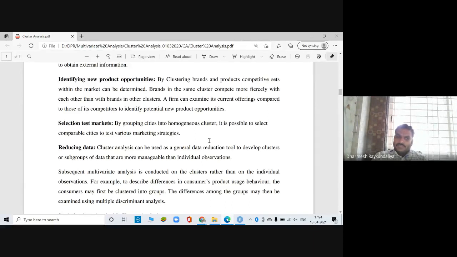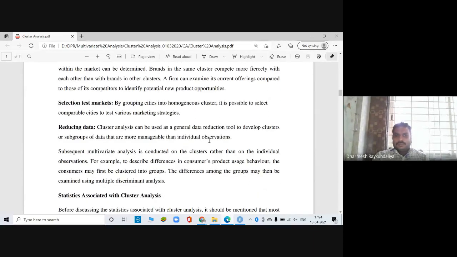Then, reducing data. Cluster analysis can be used as a general data reduction tool to develop clusters or subgroups of data that are more manageable than the individual observations. We cannot go to every person and try to understand everyone. It is better to have groups of people with common characteristics, so we can design something for them. Suppose you have a thousand observations, a thousand respondents.